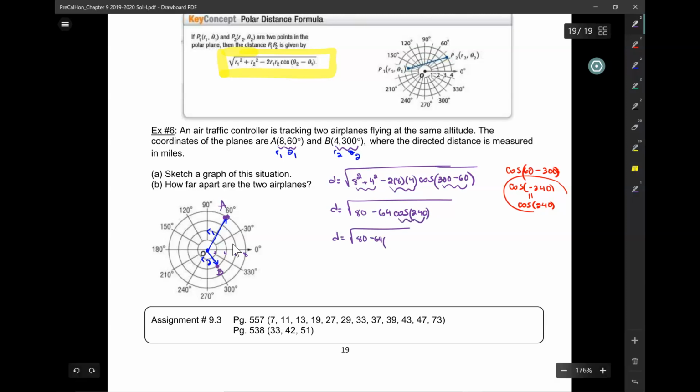You can totally do that from the unit circle. It happens to be negative 1/2. So this is 80 plus half of 64, which is the square root of 112. But if you wanted it in decimals, it would be 10.6 miles.